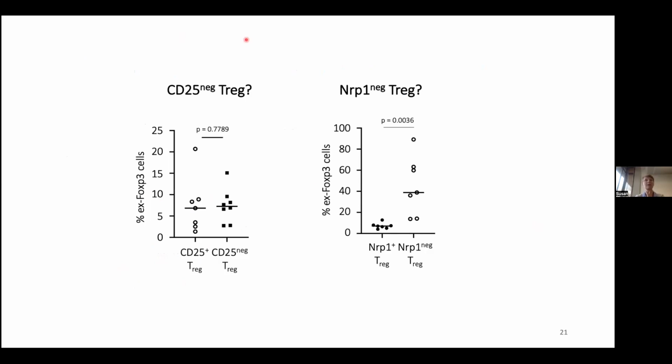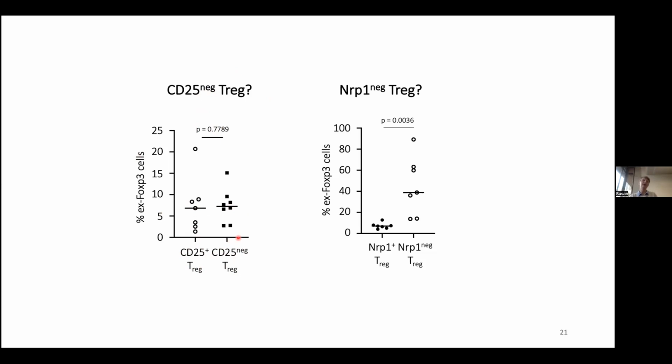So first, maybe a look at CD25 negative versus positive Treg here on the left. And as you can immediately see, transferring 25 positive or 25 negative Treg, neither population has a preference to give rise to ex-Treg over the other. Both give rise to the same amount of ex-Treg.